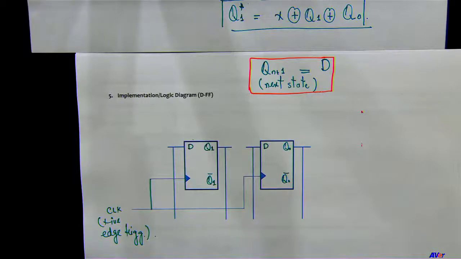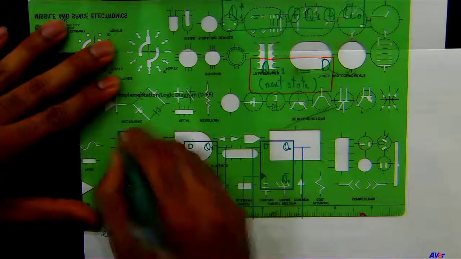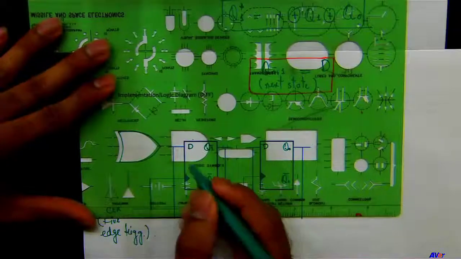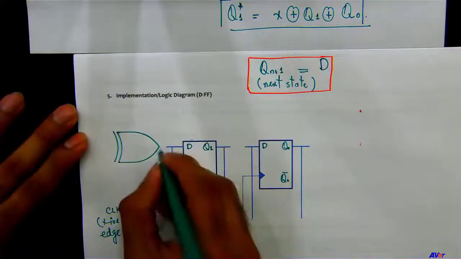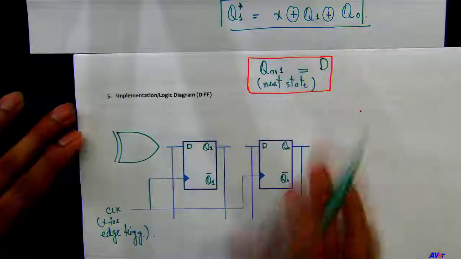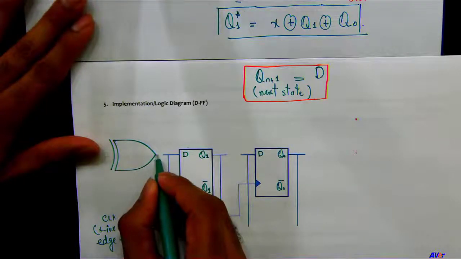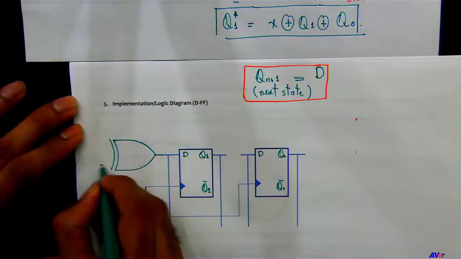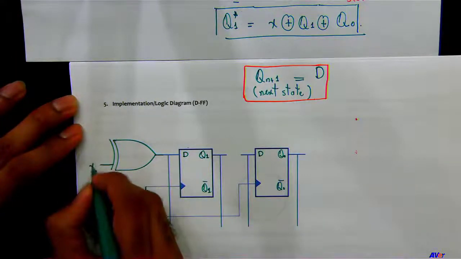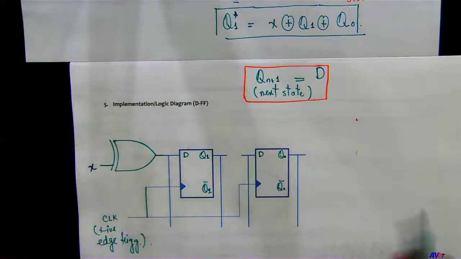I'm going to pull my gate here, so I can make that exclusive OR gate here. Okay, all right. Because this was Q1, I had to connect the output to this D right here, and then I got X, which is one of the inputs, and then I have Q1 and Q0.